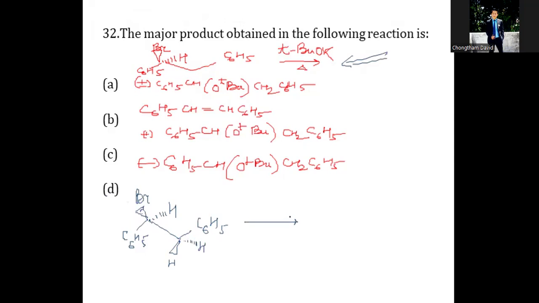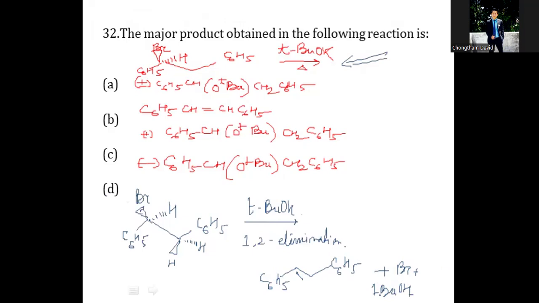So when this is treated with tertiary butoxide, potassium tertiary butoxide, you have a 1,2 elimination reaction, thereby forming this, because tertiary butanol will be left along with bromide, and you will get this alkene, C6H5, plus you have your leaving group bromide and tertiary butanol.